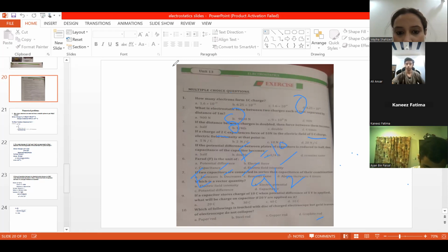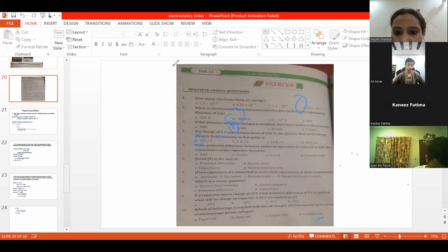So when we divide 10 by 2, we get the answer 5. And we know that the unit for force is Newton, and the unit for charge is coulomb. So we get the answer 5 Newton per coulomb. So mark option A. Option A is the right answer.